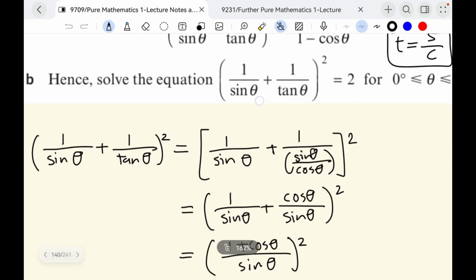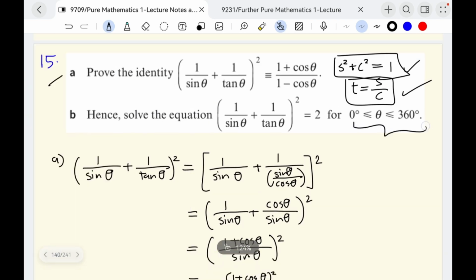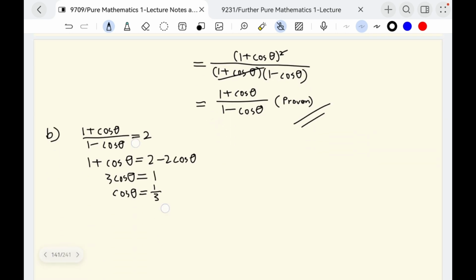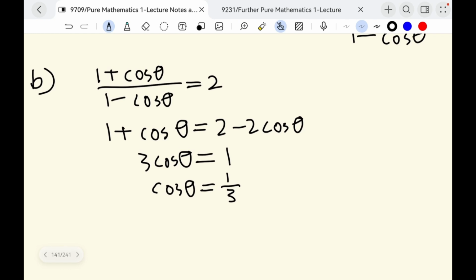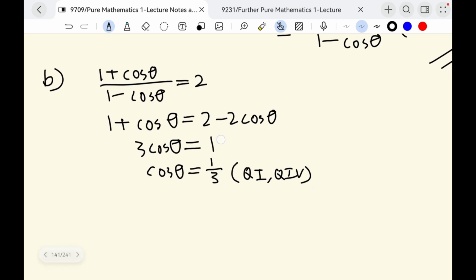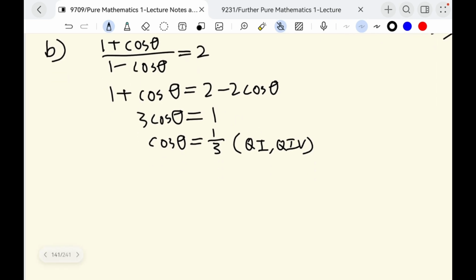And then take a look at the quadrants. I mean the interval given is from 0 to 360 degrees. So what you can see is the cos theta is positive. So just bracket beside here. So it has the solution of angles in quadrant 1 and quadrant 4, because only these 2 quadrants are positive for cos theta to satisfy this equation.